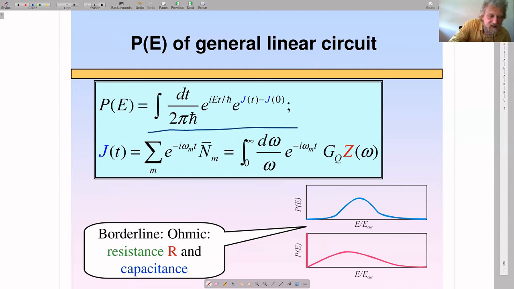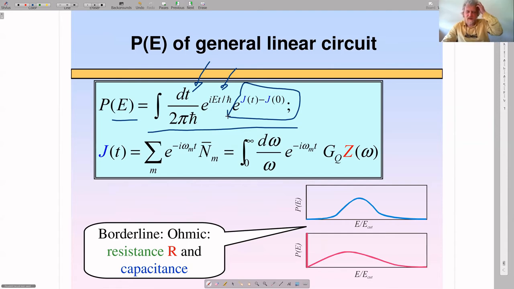This P of E appears to be a Fourier transform of some exponential function of time. This exponential function of time, which goes to the exponent, is in its own turn related to the real part of the impedance.